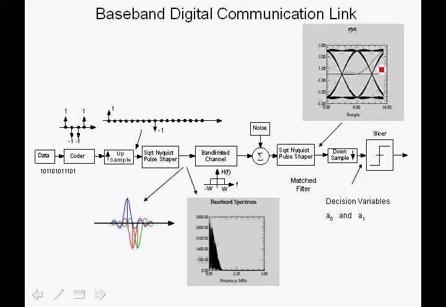In the figure over here, we are using a 100% excess bandwidth, or roll-off factor equal to 1. If we go back here, we see that the impulses are input to the square root Nyquist pulse shaping filter, and here we show that the output of the square root Nyquist pulse shaper is a superposition of impulse responses.